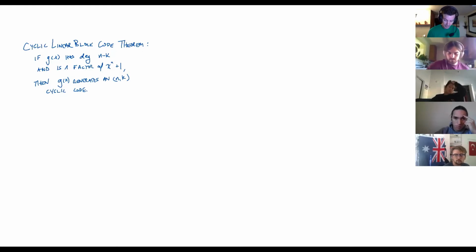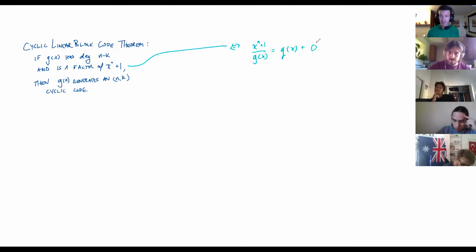So for a quick aside, let's talk about this line. This is equivalent to x to the n plus 1 over g of x being a quotient polynomial with no remainder. This is what it means to be a factor. This is natural when you're talking about integers, but as we'll see, things we can say about integers we'll often be able to say about polynomials.